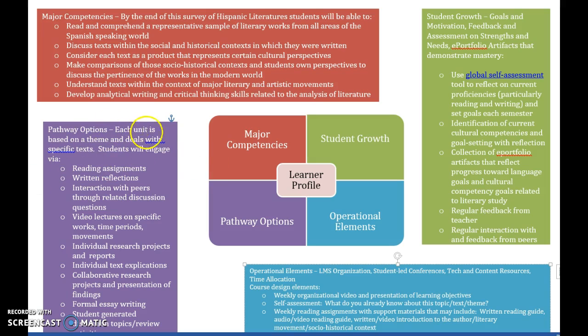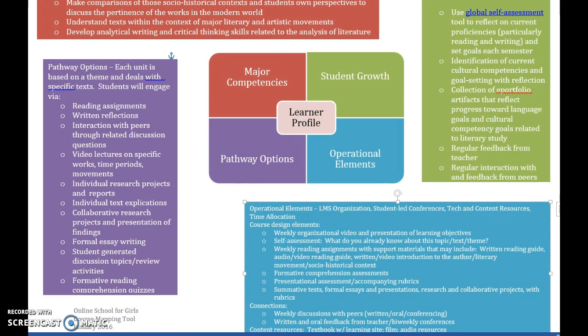So it's harder with the pathway options simply because they have to read. You can't say here, well, we could have audio texts. I've thought about that, but I'd have to find them, so I might need some help with that. So they would always have a reading assignment.